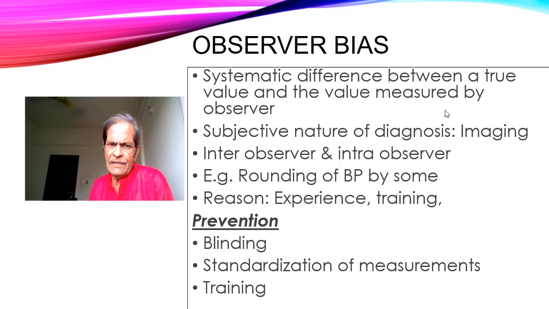If the person is habituated to round down, for example if the blood pressure is 81 he says 80, if it is 82 he says 80, then such individuals' blood pressures will be biased towards the lower side. All blood pressures measured by that person will be biased to the lower side.